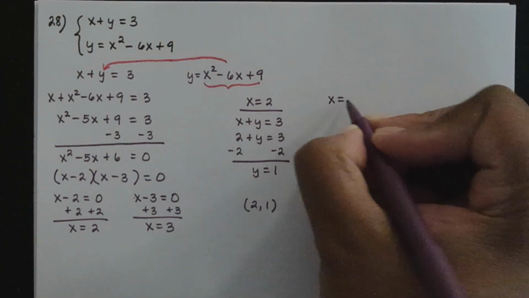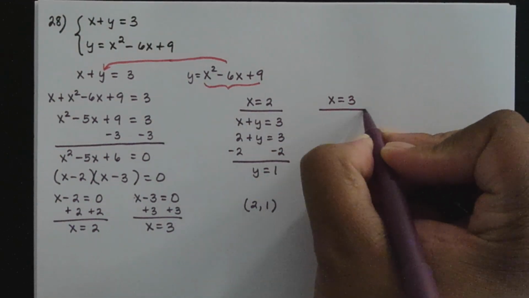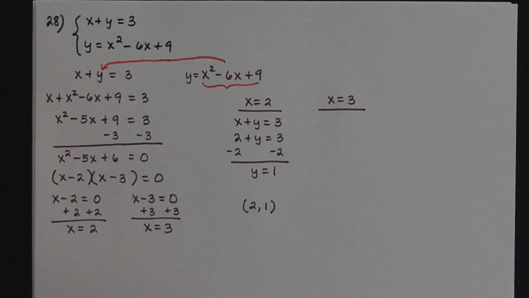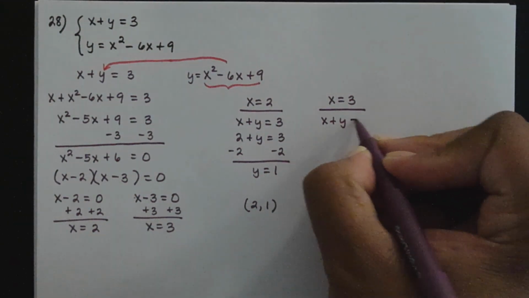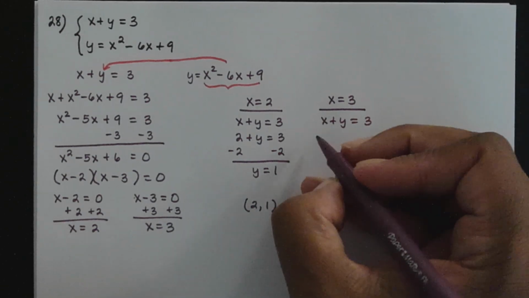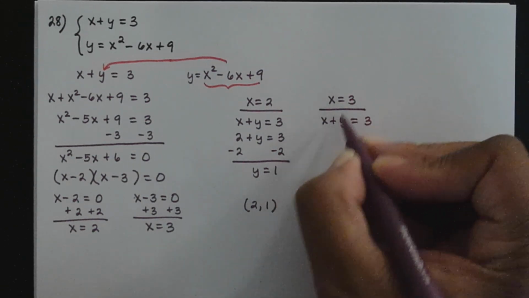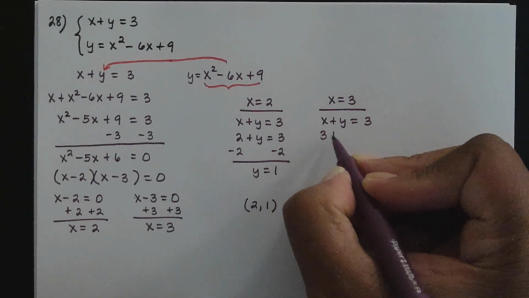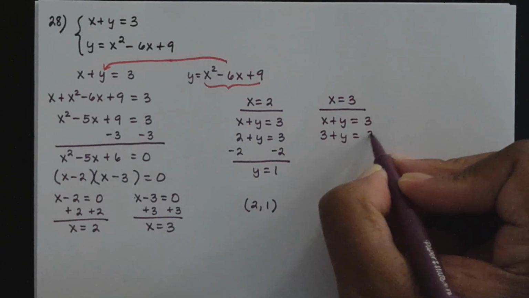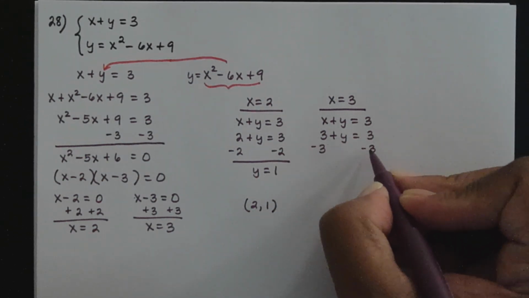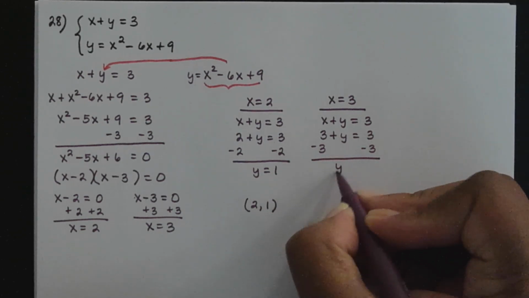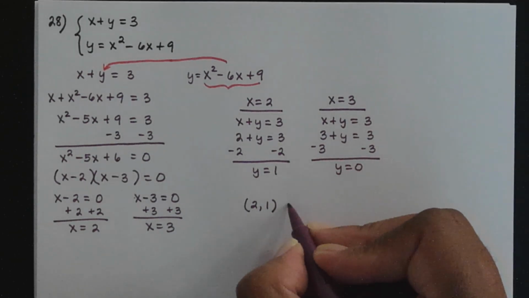Now the ordered pair when x is equal to 3. I'll still go ahead and use that x plus y equals 3, and substitute that x with the 3. So it'll be 3 plus y is equal to 3. And if I subtract 3 on both sides, y will be equal to 0.